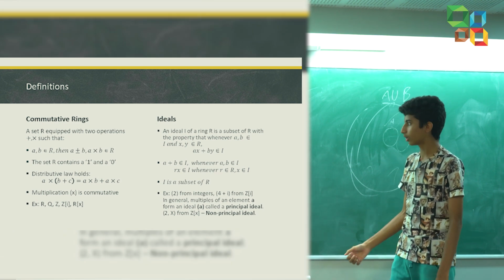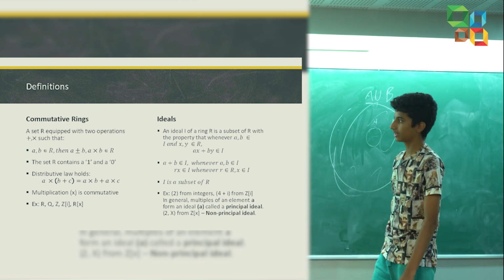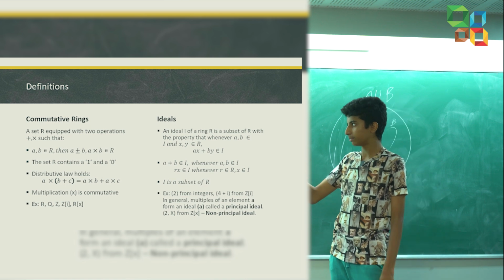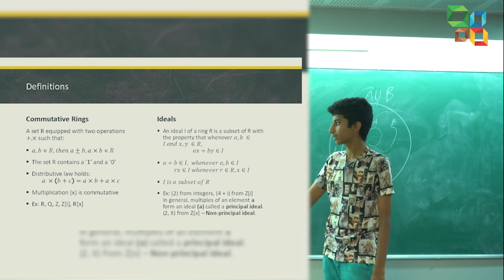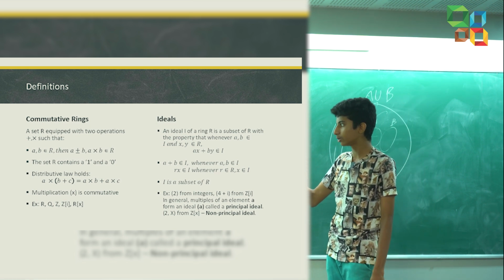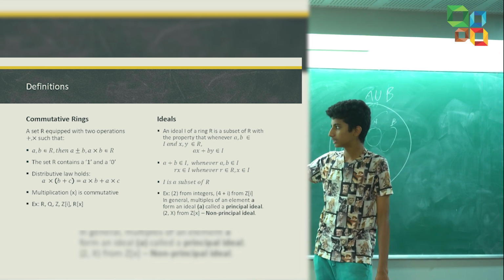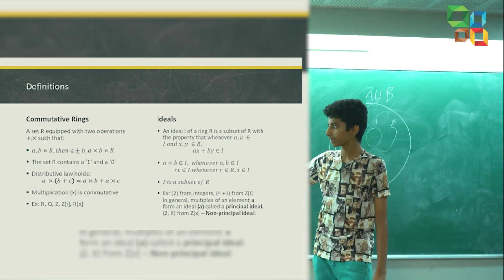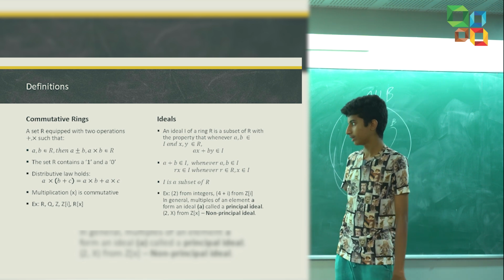Rings and ideals, a short review. Anyways, definitions. Commutative rings: a set R equipped with two operations, addition and multiplication, such that if a and b belong to R, then a plus or minus b and a times b belong to R. That is basically the closure property. The set is closed under addition and multiplication, the two operations that you have defined.